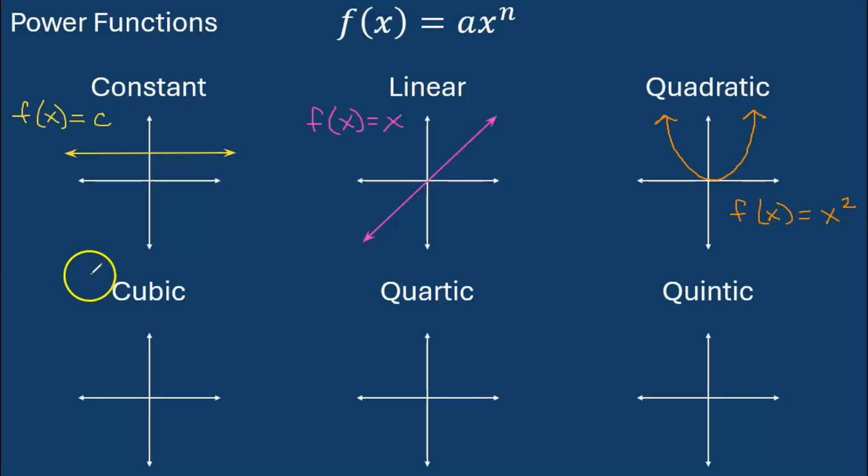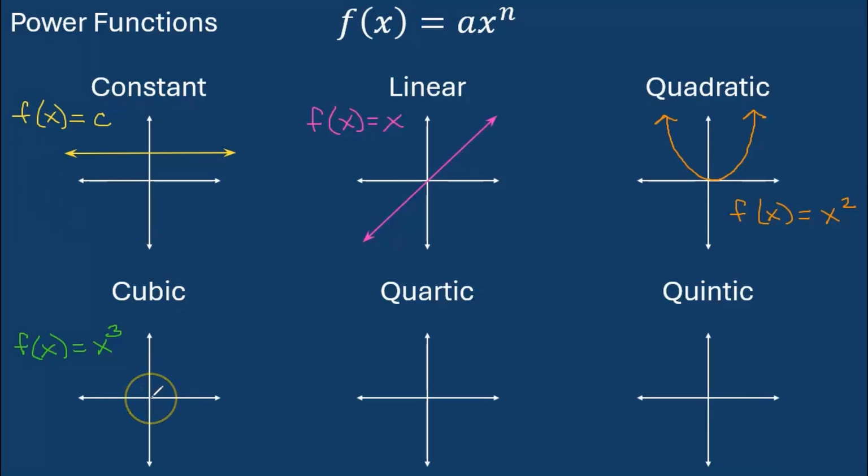Next is a cubic function. A cubic function is in the form of f of x equals x cubed. So to the 3rd. Go ahead and fix that x in there. A cubic function looks very similar to a quadratic function.